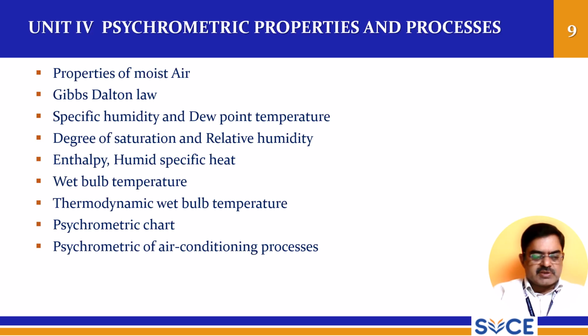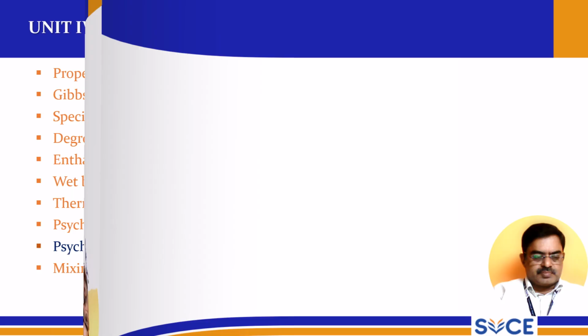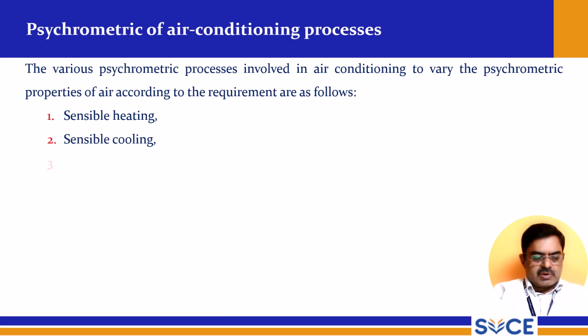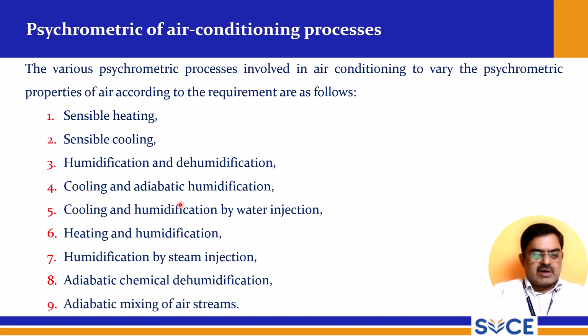So these are the topics, and now we are seeing the next part of psychrometrics of air conditioning processes. So same topic only. These are the air conditioning processes we are dealing with here, and we have completed sensible heating and sensible cooling. Now we are starting humidification and dehumidification.